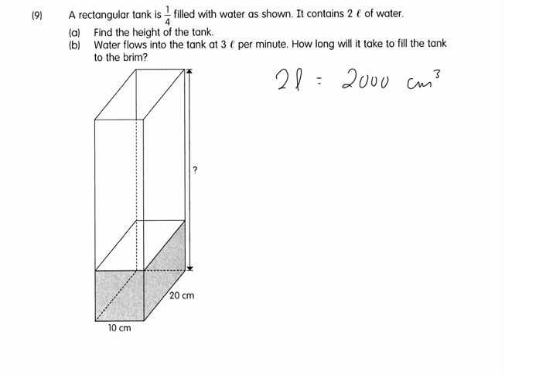Jing Kai. (20 times 10). So you are actually using 2000 divided by the base area, right? Because 2000 divided by the base area will give you the height, which is 10 cm.